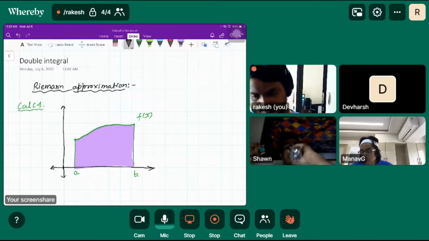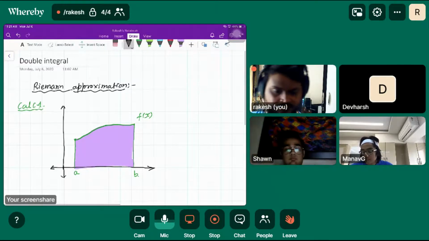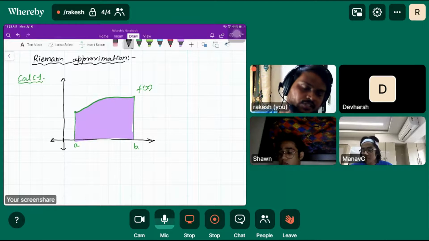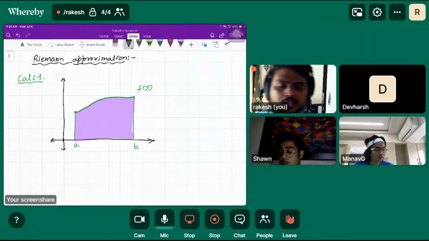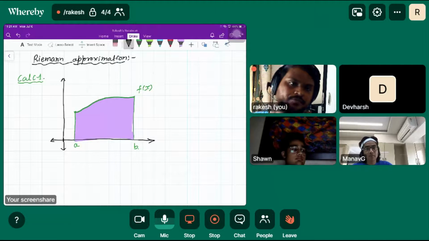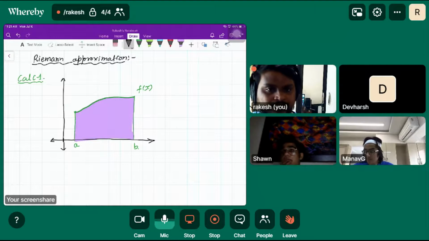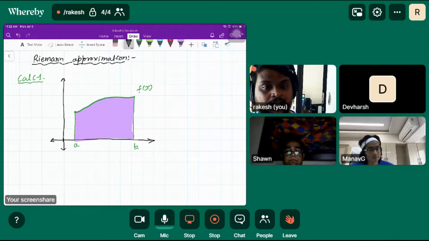So what is the idea behind it? Suppose I want to find the area of this shaded region. It is not any geometrical shape, so we cannot apply any formula. But at least we can approximate the area by dividing the interval into how many partitions? N partitions.